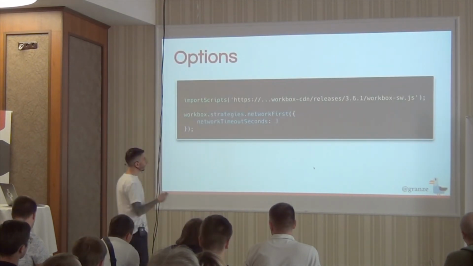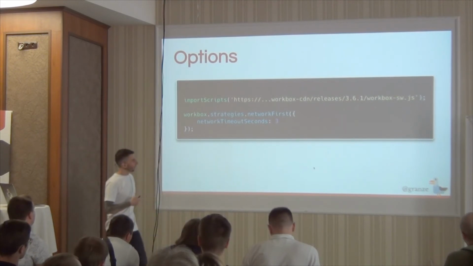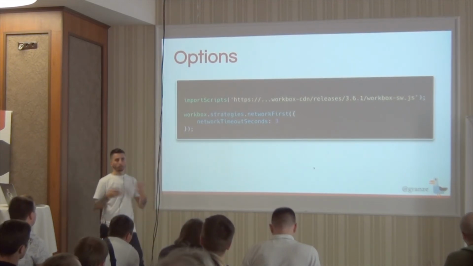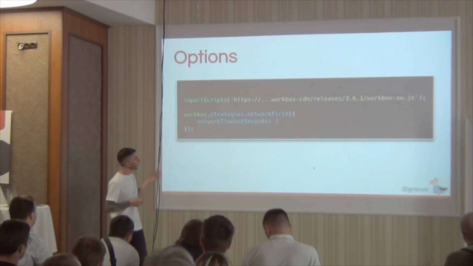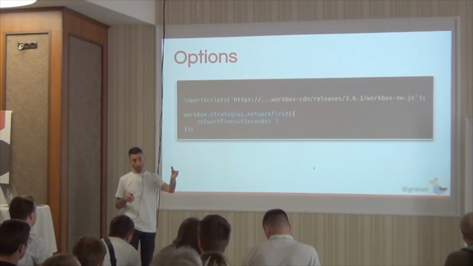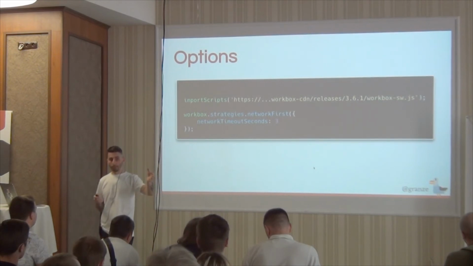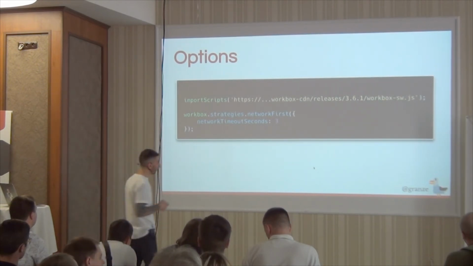So you can specify a lot of things. We talked earlier about the problem the network has, the fact that we can wait for 10, 20 seconds for a request. If we use the network first strategy, we will ask the network first for the file, and then we will fall back on the Cache API.